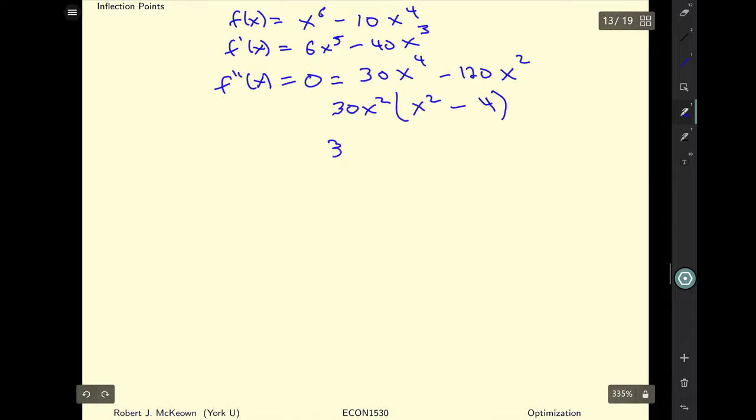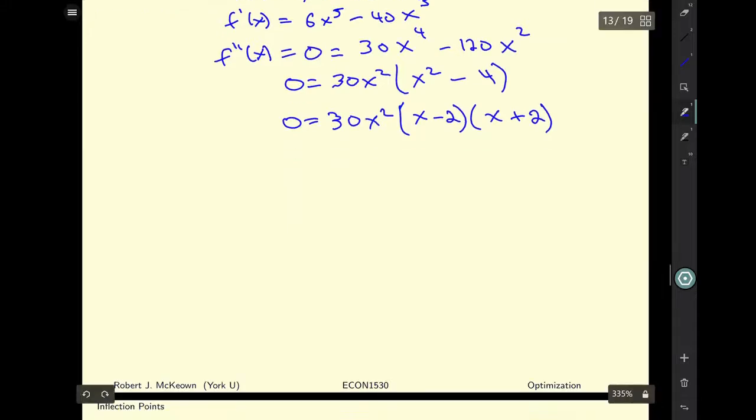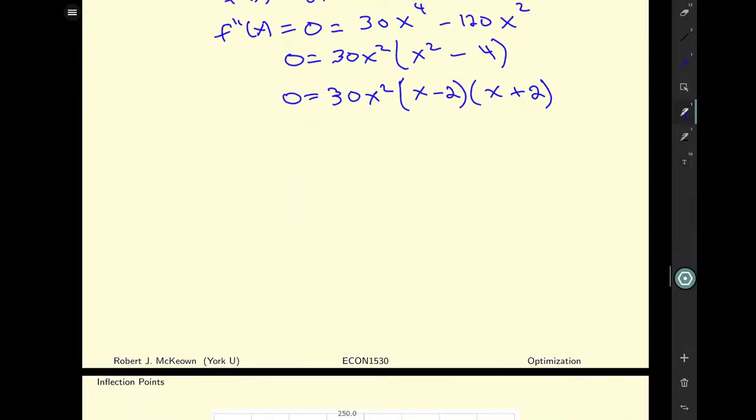And I could rewrite this as 30x squared times x minus 2 times x plus 2. Now I'm ready to draw my sign diagram.